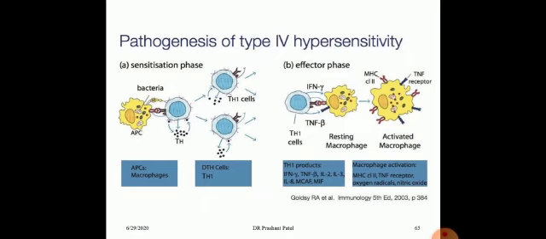So first stage is sensitization. Here antigen binds with antigen presenting cells, and helper or effector cells, Th1 cells, are produced. In the second effector phase, after re-exposure, these Th1 cells secrete interferon gamma and TNF beta, which induce more activation of the macrophages.